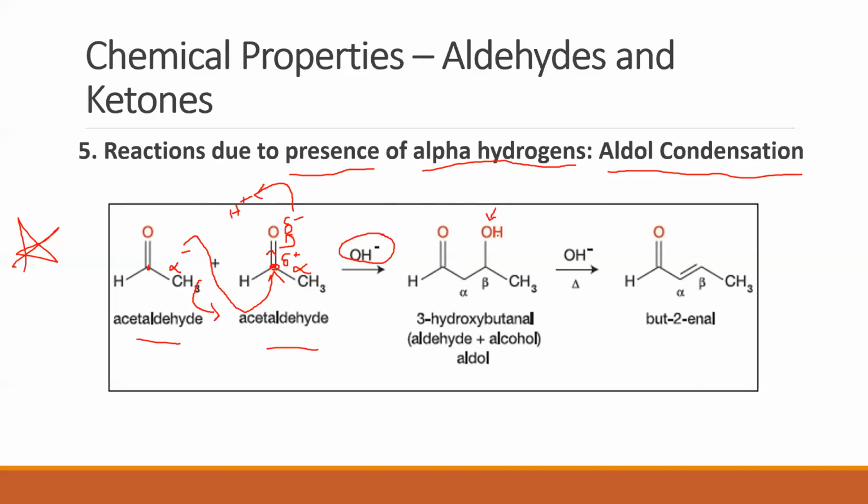And this alpha carbon has attacked this carbonyl carbon to form this bond. Clearly you can see the alpha carbon mentioned here. So this is my alpha carbon, which is the CH2. This carbon has attacked the carbonyl carbon and formed a bond.